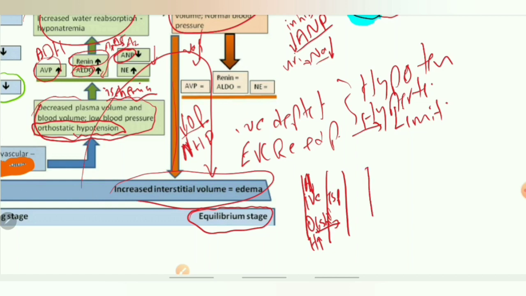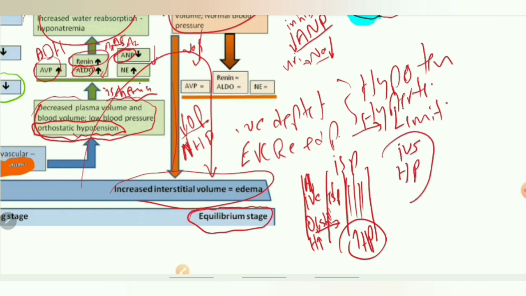More and more the fluid is expanded in the interstitial space and we get a gradual rise of interstitial space hydrostatic pressure. So by the time, intravascular space hydrostatic pressure comes into equilibrium with extravascular space hydrostatic pressure, and we reach the state of equilibrium.